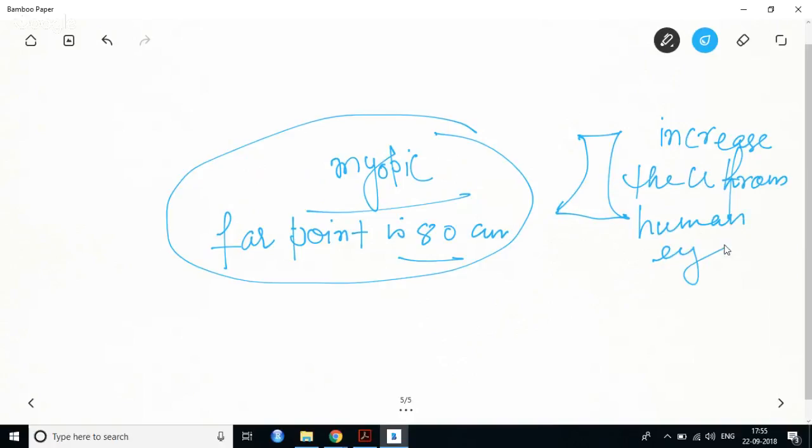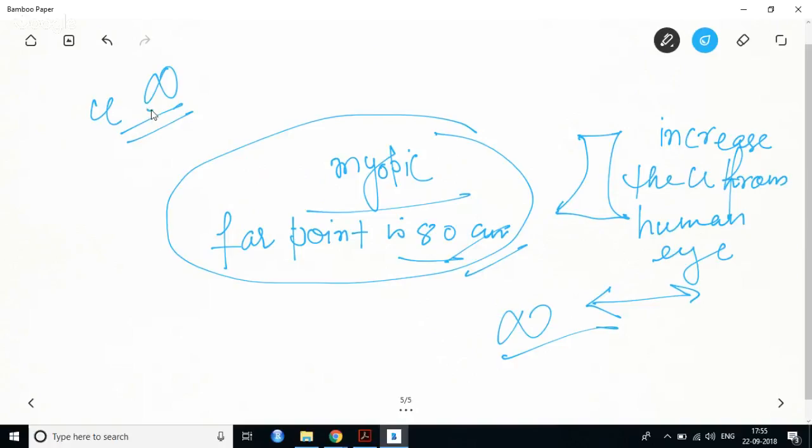For a normal human eye, what is the far point? Infinite. Here, what is the far point? 80 centimeter.